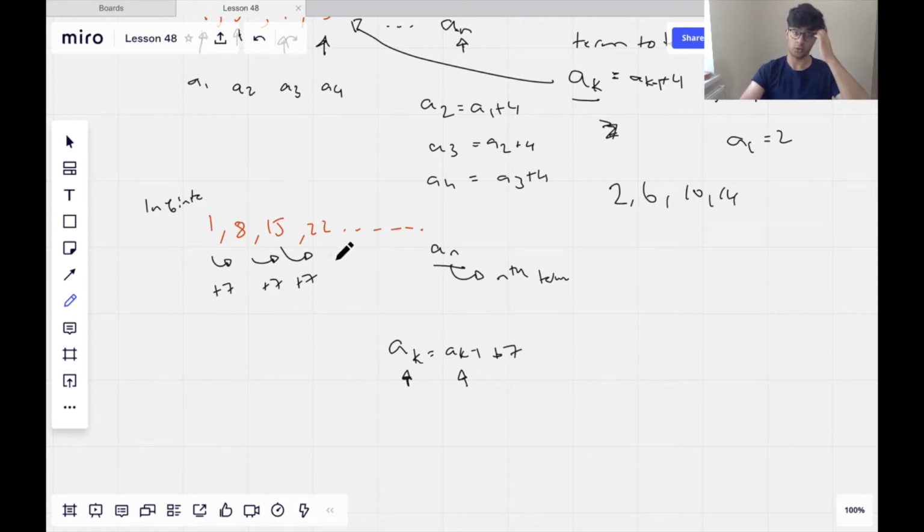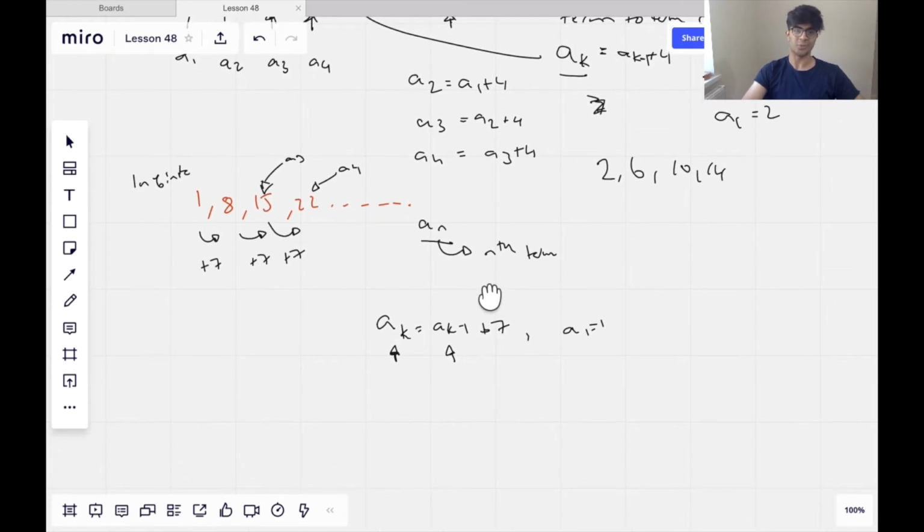And you can see that holds. For example, this is A3, and this is A4. A4 is equal to A4 minus 1, which is A3, plus 7. Again, we have to specify what the first term is. A1 is 1. And again, this is what we call a term-to-term rule.